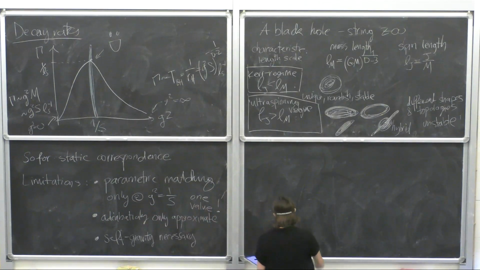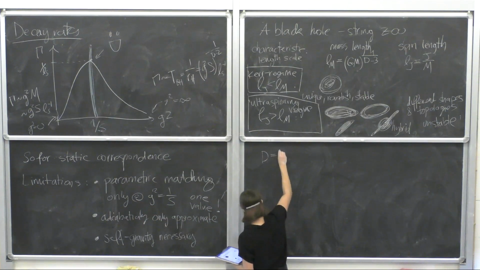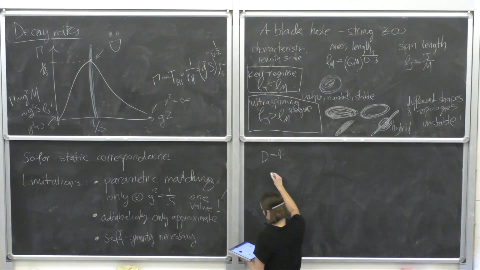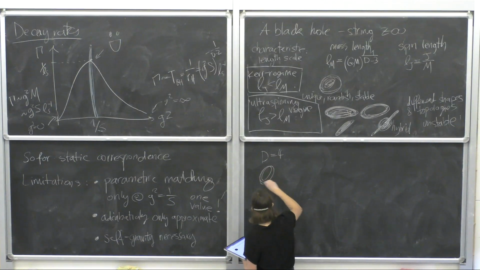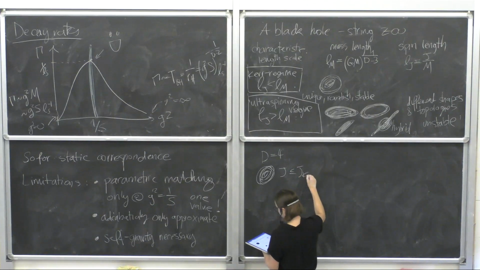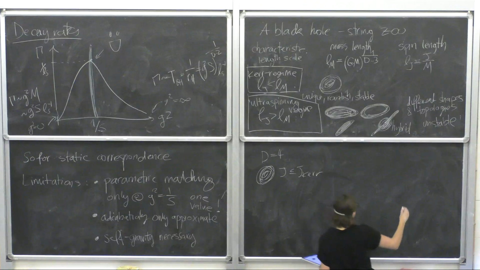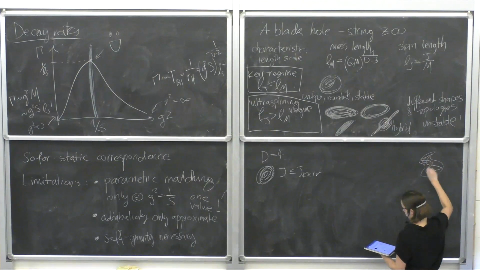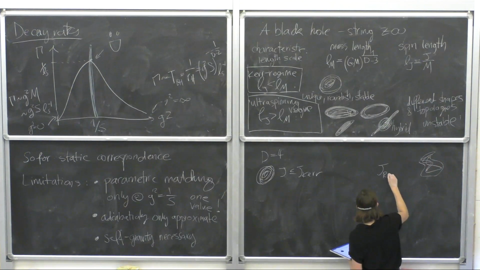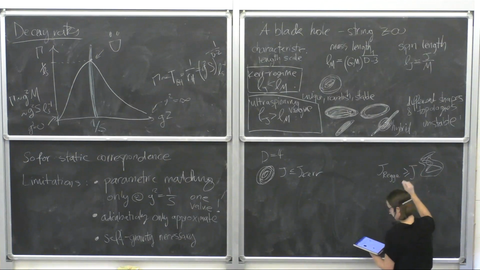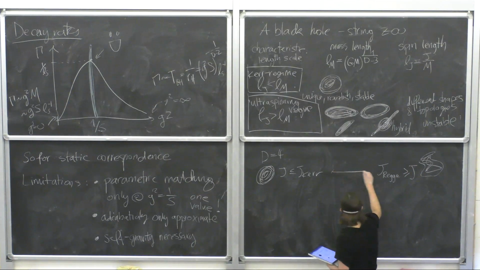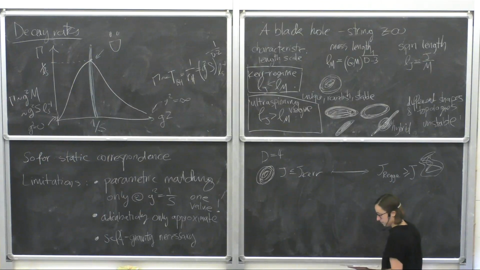So let's talk about d equals 4. So we had this black hole, which obeyed the Kerr bound, and we had the string, which obeyed the Regge bound. And then we said that those two are not the same.